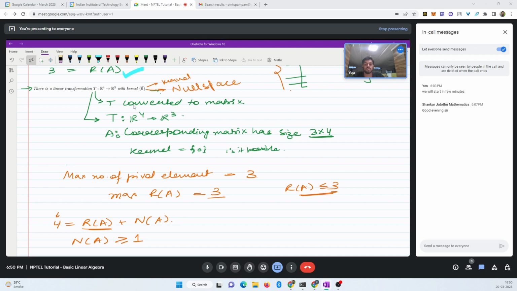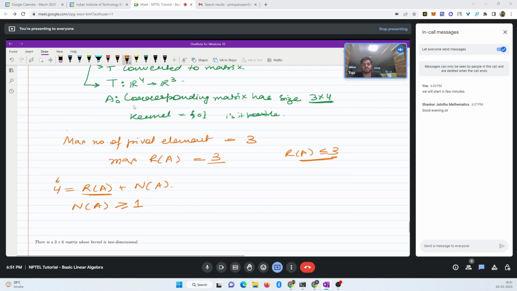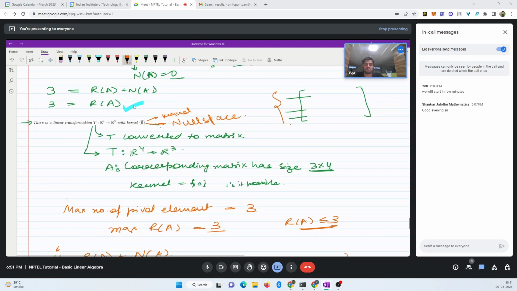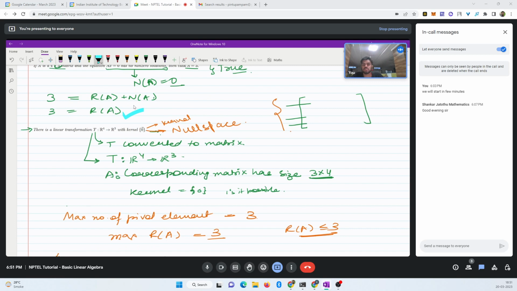Okay. So if the dimension of our null space, or the nullity, is 0, then this thing does not hold, right? So this fact over here is indeed false.